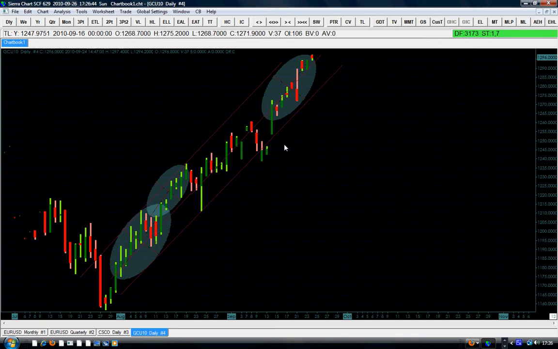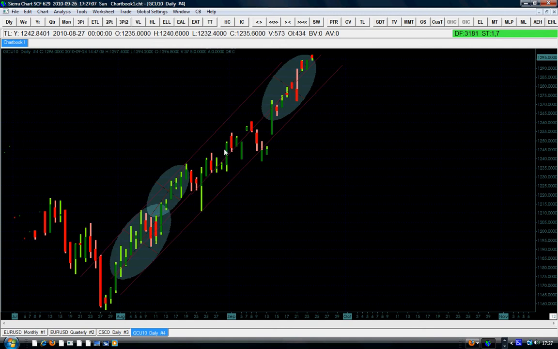So I hope you learned something from this video, how you can apply the channel, okay, in order to measure the strength of the momentum and the change in the momentum itself, and also to analyze the size of the candle and to know exactly what is going on. It's not sufficient for the price to be on the upper part of the channel.